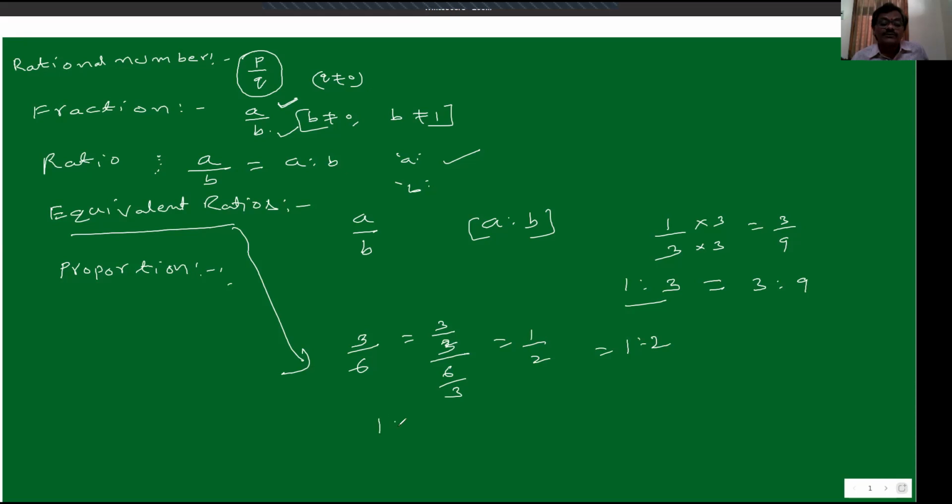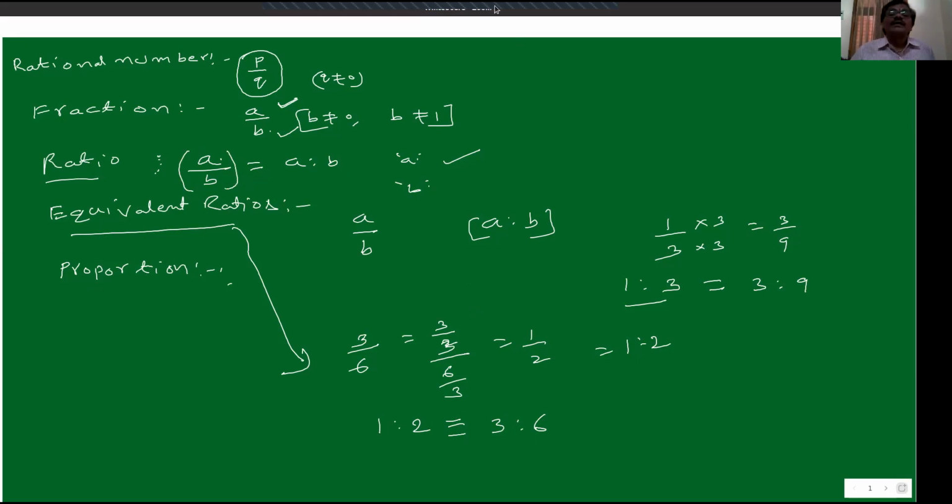So 1:2 is equivalent to 3:6. So the property of ratio is this one: if we multiply or divide the antecedent and consequent by a constant k, the resulting ratio is unaltered, is same.